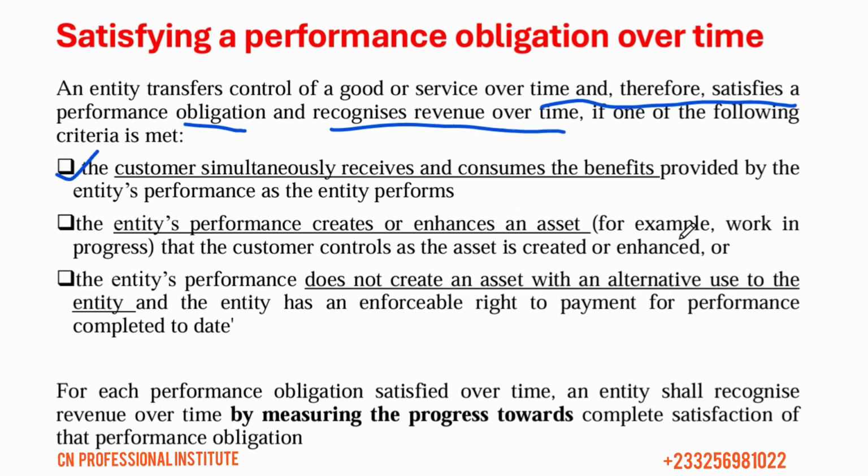So as at the very time that you are performing the performance obligation, the very time that you are building the house, the customer is enjoying the benefit, is consuming the benefit that relates to the asset. So this is the customer simultaneously receiving and consuming the benefit provided by the entity's performance as the entity performs. So as you are doing it, the customer enjoys the benefit at the same time continuously till the end of your PO, till you are done satisfying your performance obligation.